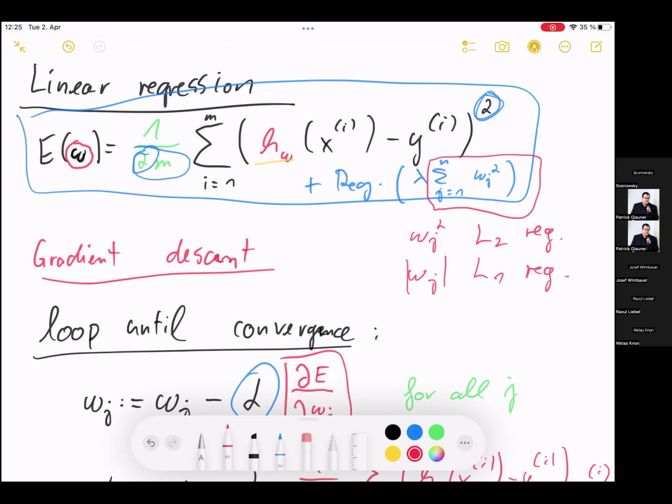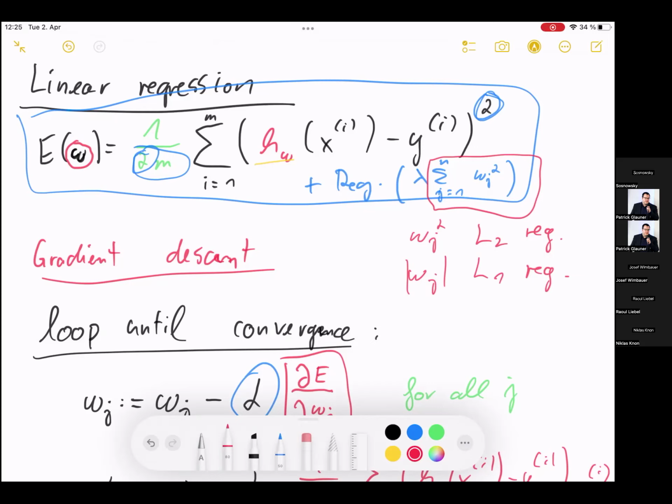And what's the difference? With an L1 regularization, I tend to learn a sparse model. A sparse model would be a model in which most parameters are 0, and just some of the parameters would have a value greater than 0, while the L2 tries to use all the parameters in the model.